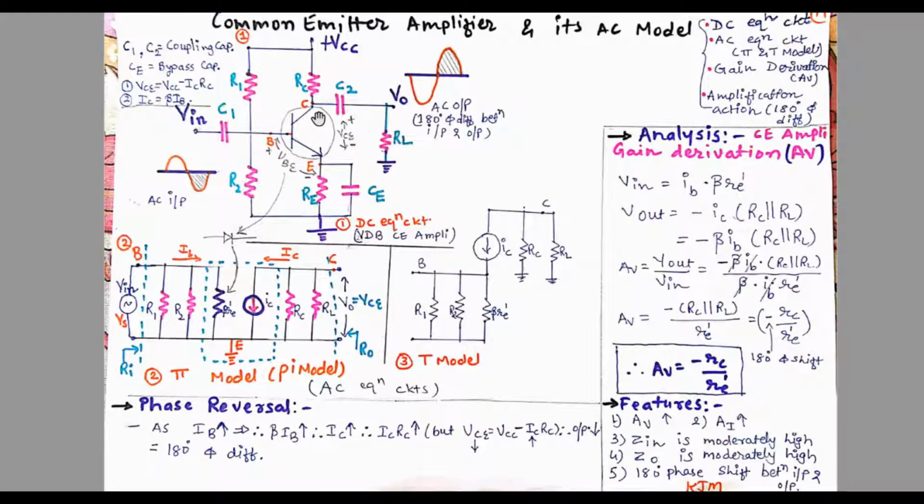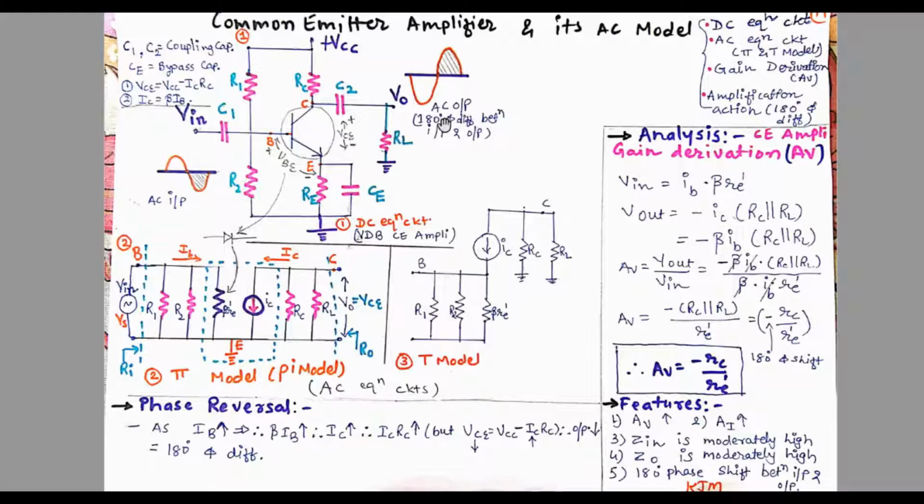First of all, we will study how to draw the pi model from this DC equivalent circuit. This is known as the DC equivalent circuit because plus VCC is applied. The DC supply is applied to the collector, and we have drawn the BJT symbol using the VDB circuit. Input is AC and output is also a magnified AC signal.